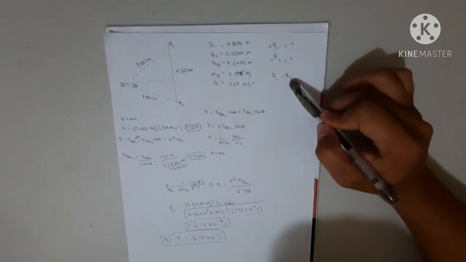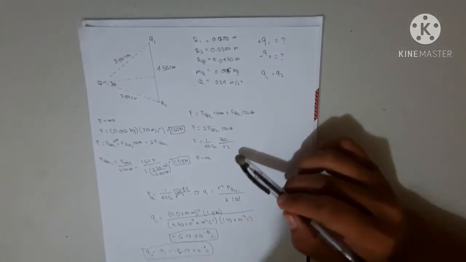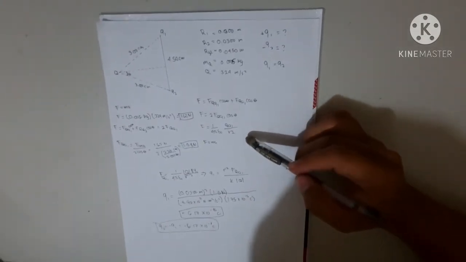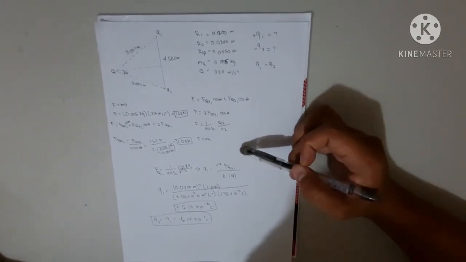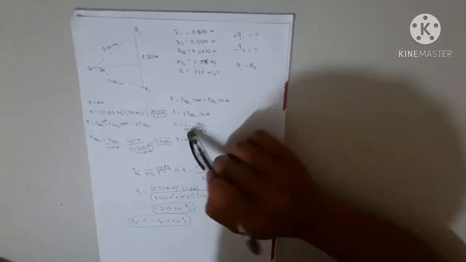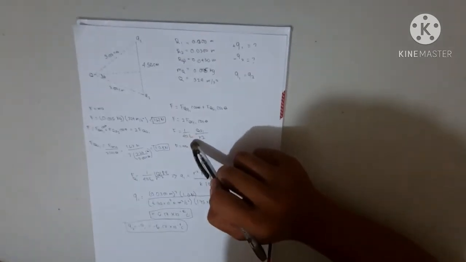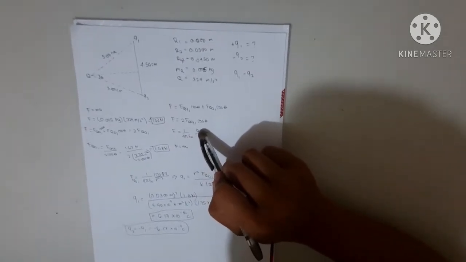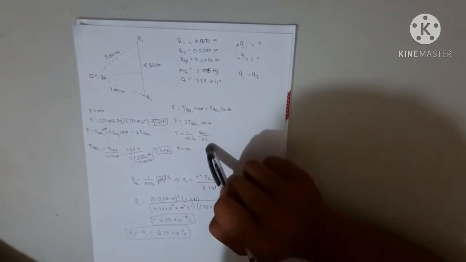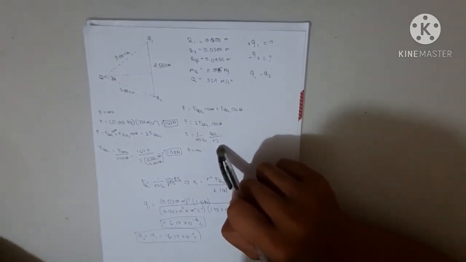So after getting this solution, we now know that the force on Q is going to equal 1 over 4 pi epsilon naught times q1 over r squared. And it would be the same for q2.